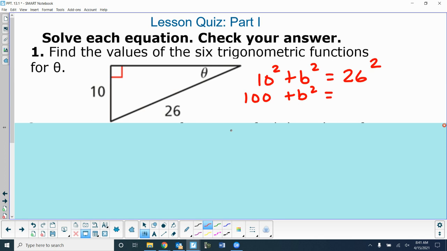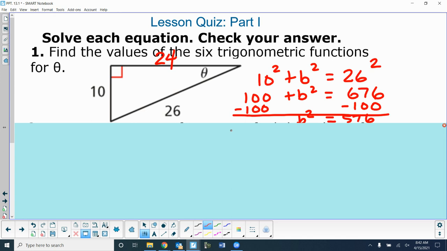Is it 676? Yeah. So subtract 100, and that's 576. What's the square root of 576? 24, right? So this missing side is 24. Okay?